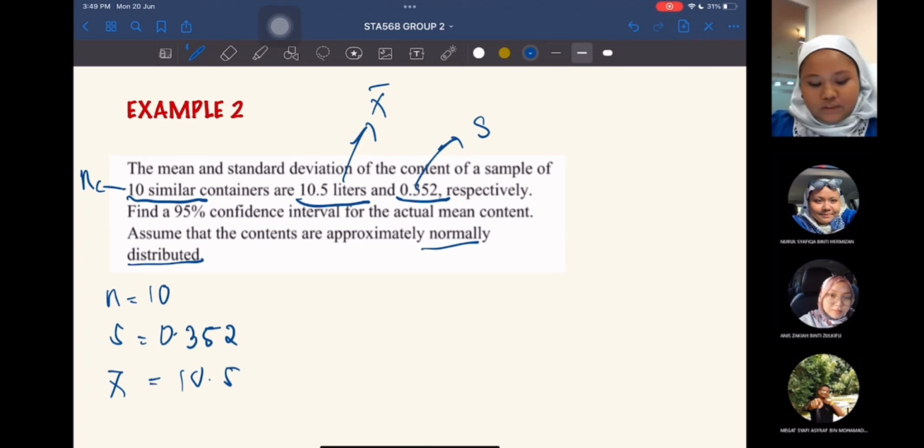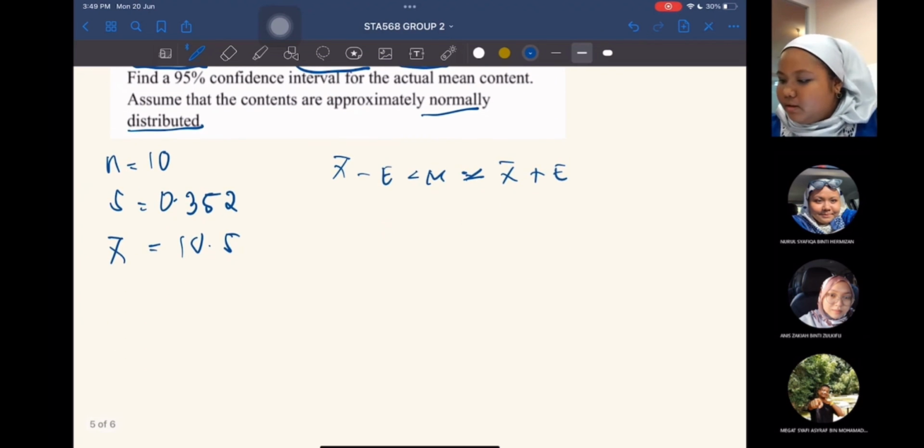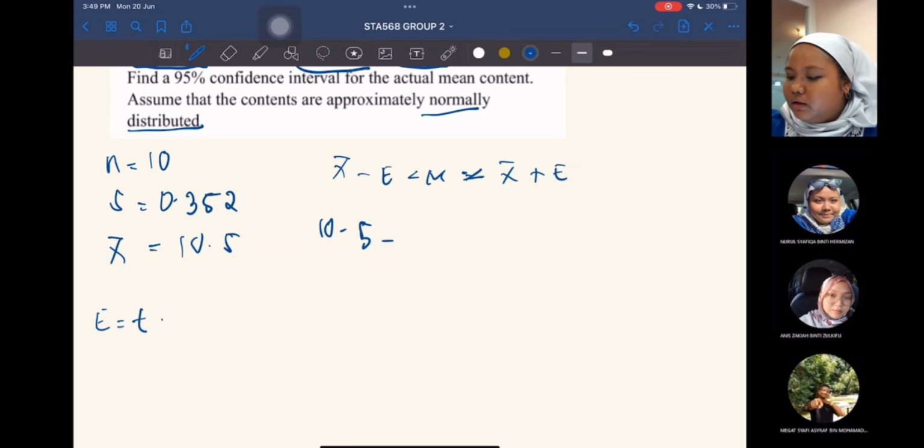As we know, our formula is x bar minus E less than mu less than x bar plus the margin of error. Our x bar is 10.5. We subtract our margin of error, which is E equals t alpha divided by 2, n minus 1, multiplied by S over square root of n.